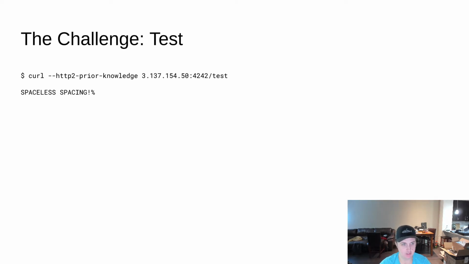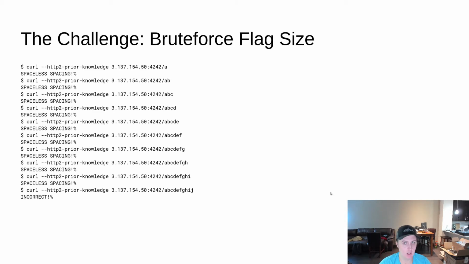Okay, so let's make sure we know how to interact with this challenge, that we've got a good assessment of what the source code is. If we use our HTTP2 prior knowledge flag with curl and we append /test to the end, we will get back this response: spaceless spacing. So presumably a length of 4 for the number of characters in test is not the correct flag size. We can pretty clearly see that we can just brute force the flag size, right?